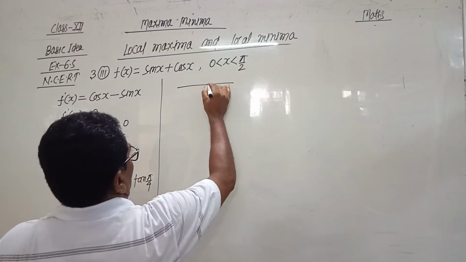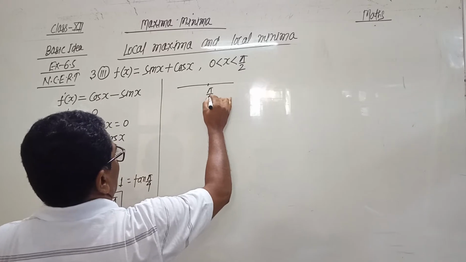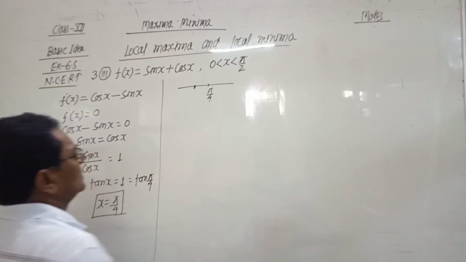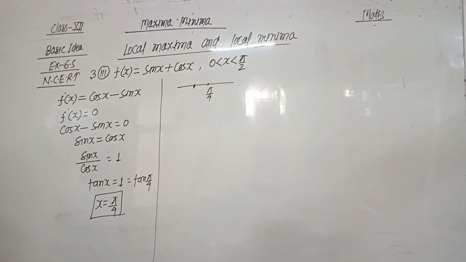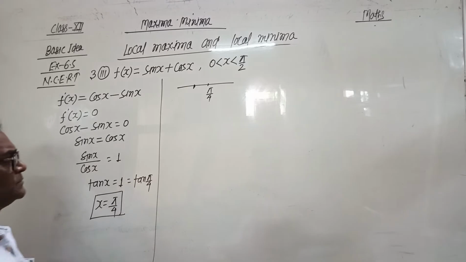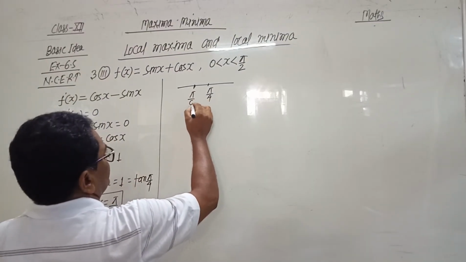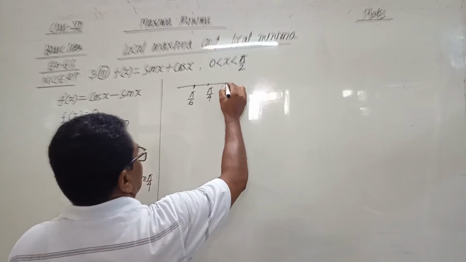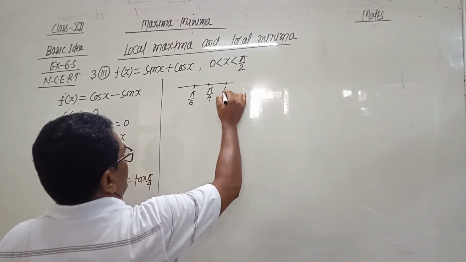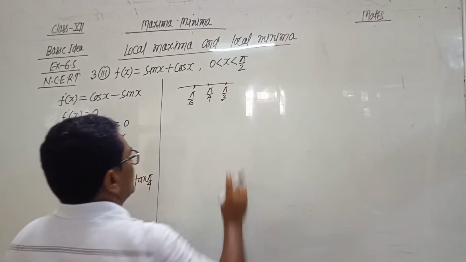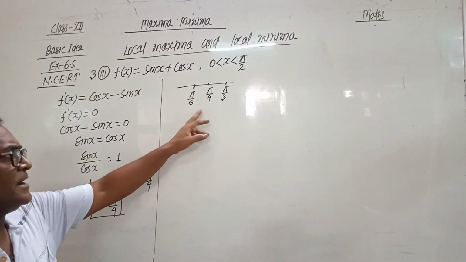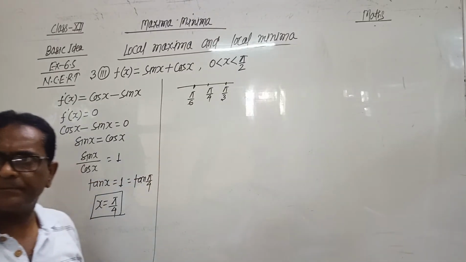So just before pi by 4, just less than pi by 4, we can take, since pi by 4 is 45 degrees, pi by 6, and on the right side we can take pi by 3, that is 30 degrees and 60 degrees.